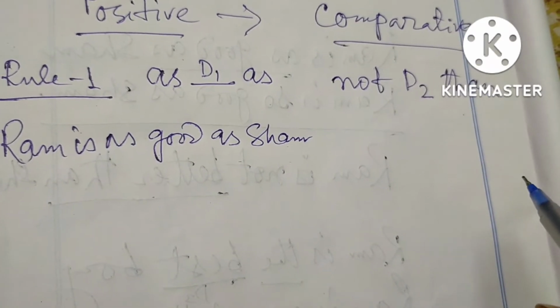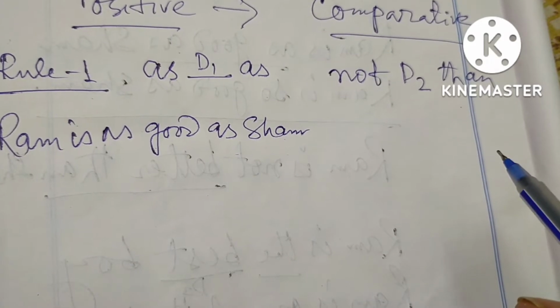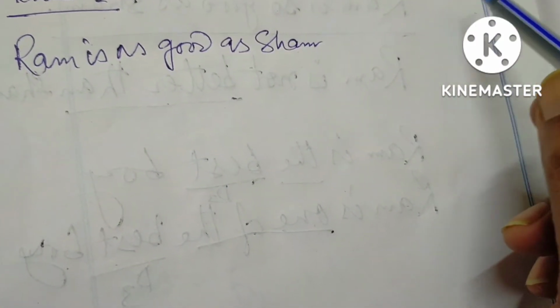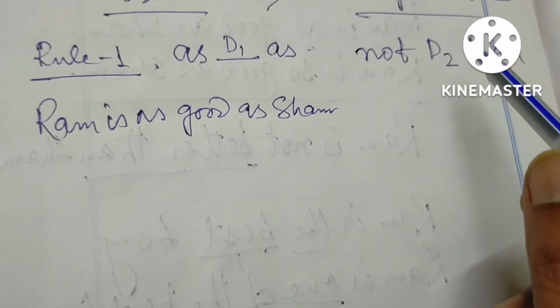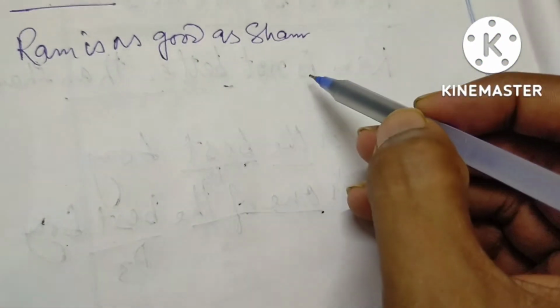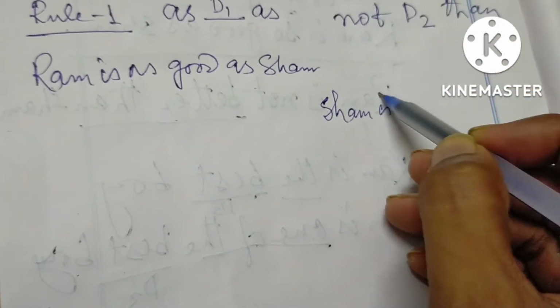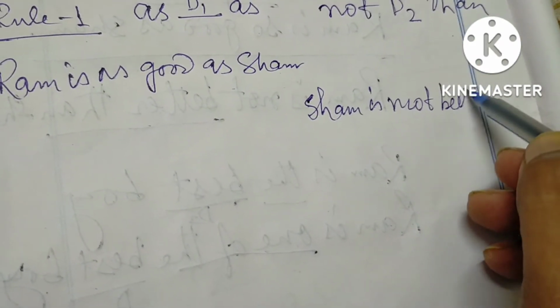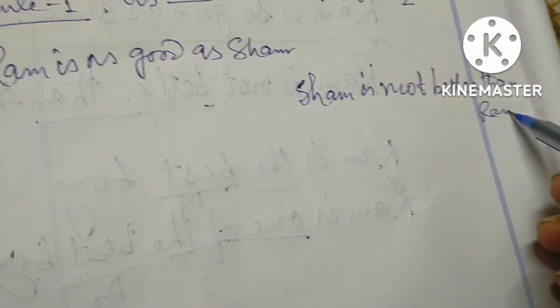So to keep the meaning intact, we have to follow the rule: not, then degree 2, that is better than. Sam is not better than Ram.